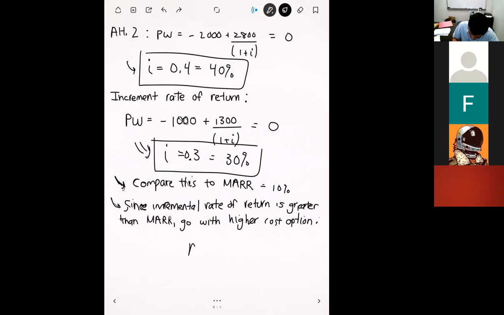We've been calling them alternatives, so we'll call it alt 2. And so that's the answer to this problem.